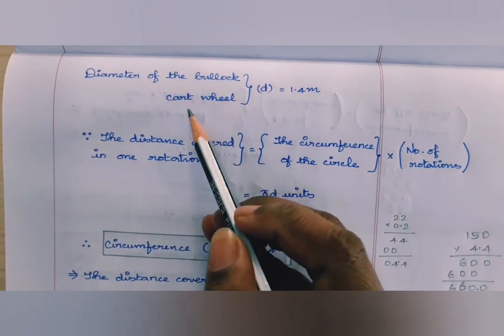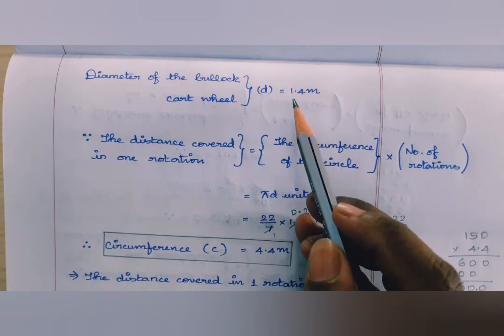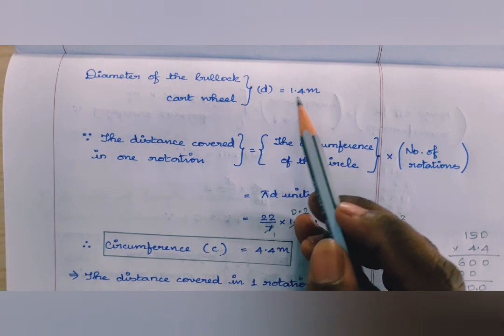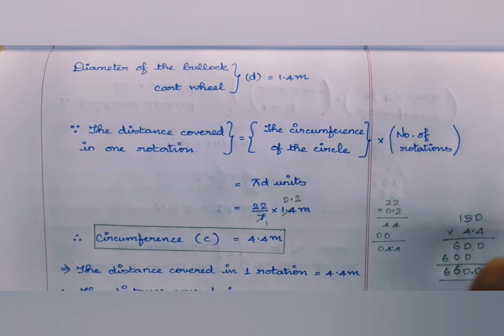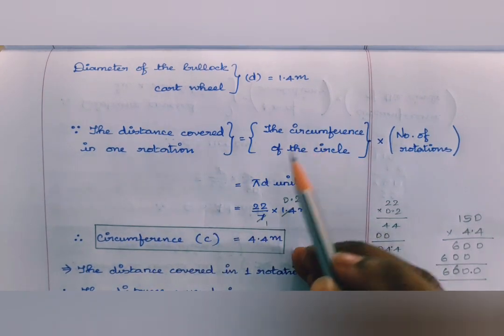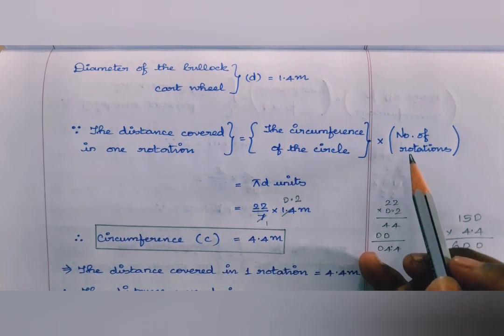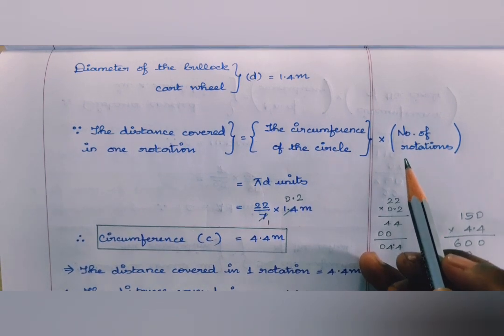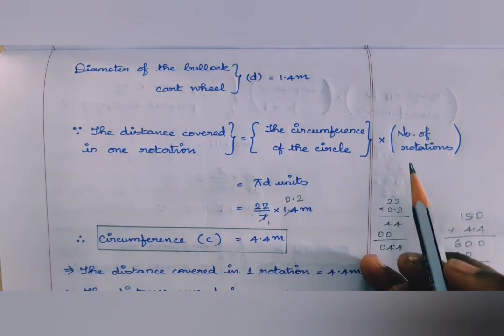Now, the diameter of the bullock cart wheel is D, which is 1.4 meter. Since we know this, the distance covered is equal to circumference of the circle into number of rotations. Okay, so first we'll go with the circumference of the circle.